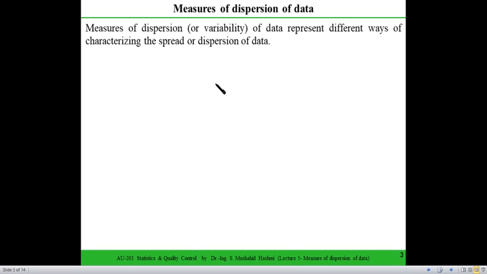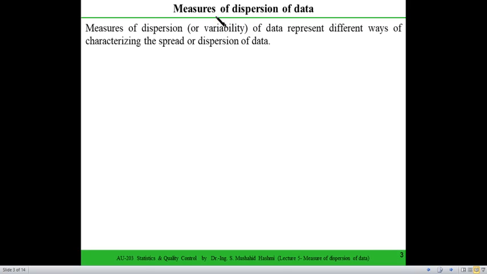So in every package of food, there is always a chance of variability. So 10 gram, in that case, would be the central tendency, but we are interested in how much is more than 10 grams or how much is less than 10 grams.